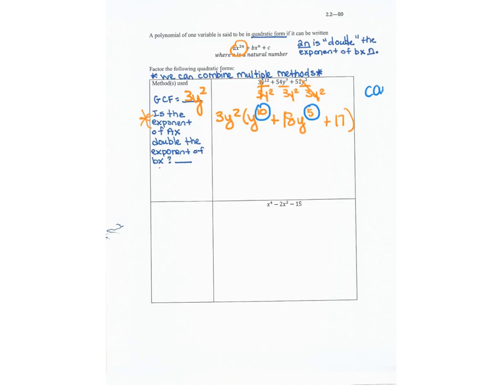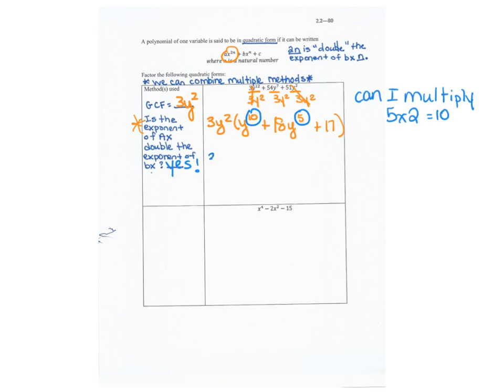Well, can I multiply 5 by 2 and get 10? Yes. So the answer here is yes, it is. So if that's the case, then it's really in quadratic form. It just doesn't have an ax squared. It has a y to the 10th. So that means it's still factorable.